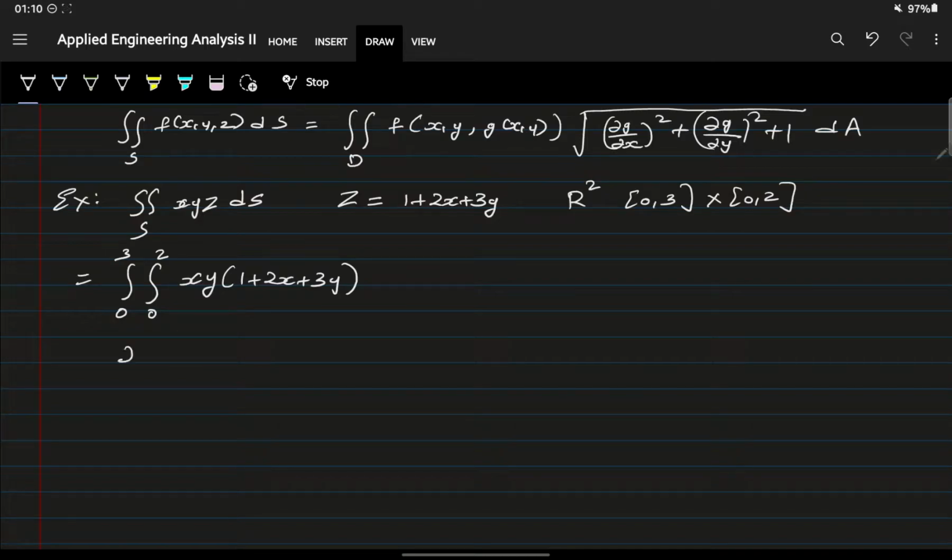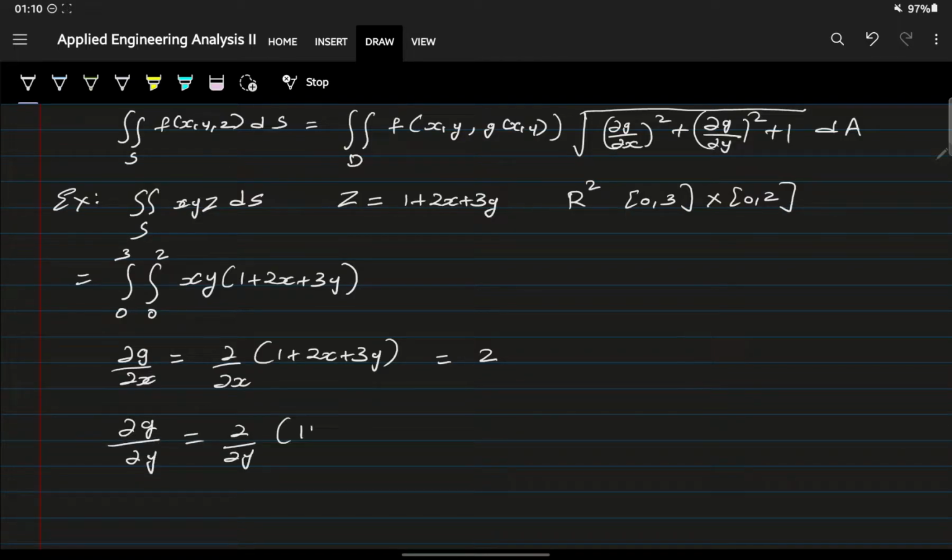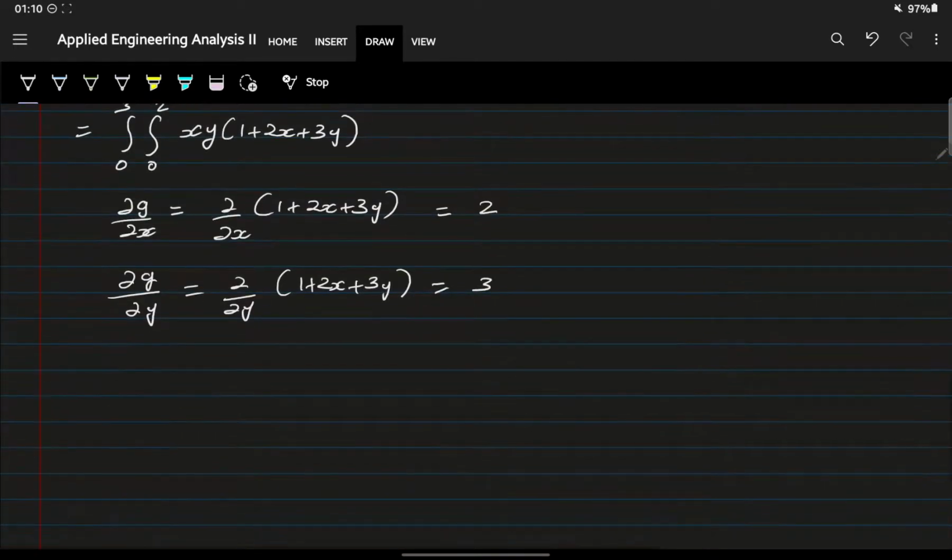When we take the partial derivative of g with respect to x, we get 2, and the partial derivative of g with respect to y is 3.